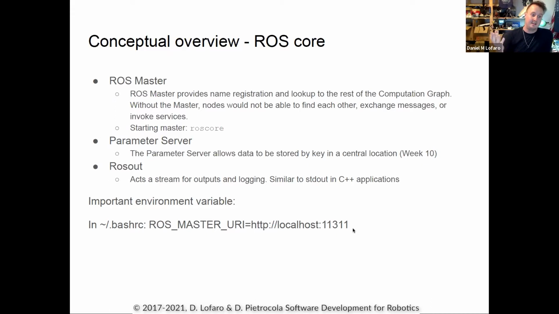So it's 65,000 something. So you have between 10,000 and 65,000. And so they picked this port here because they liked it. All right, but for ROS master, you can define where your ROS master sits by adjusting this line.